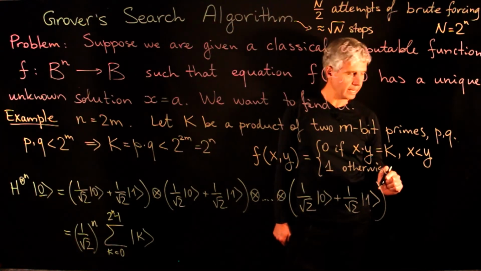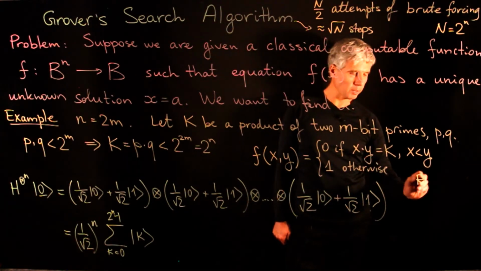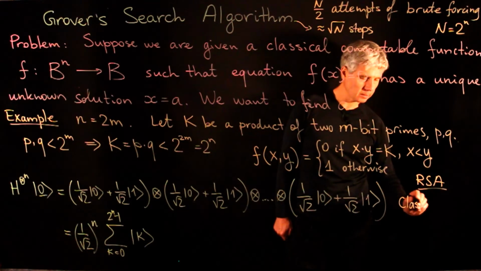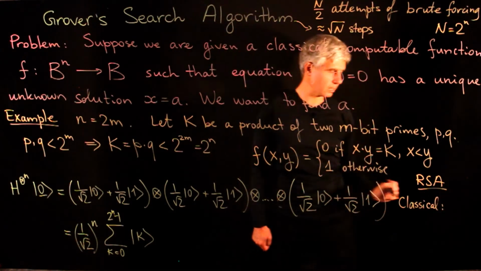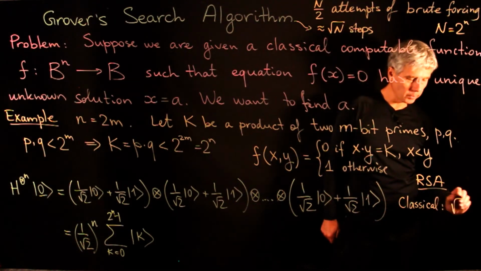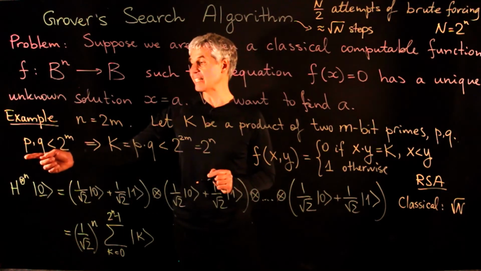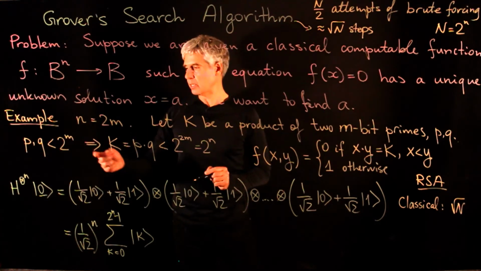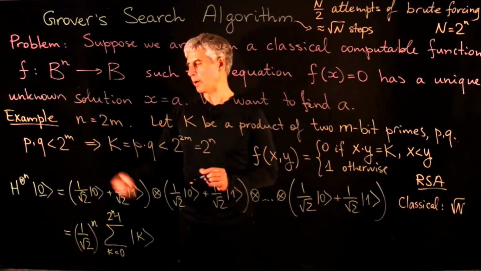Now, if we look at this integer factorization problem, right? Then the classical complexity of this problem is square root of N, because all we have to do is find a single factor, and a single factor p is between 1 and 2 to the power m, right?